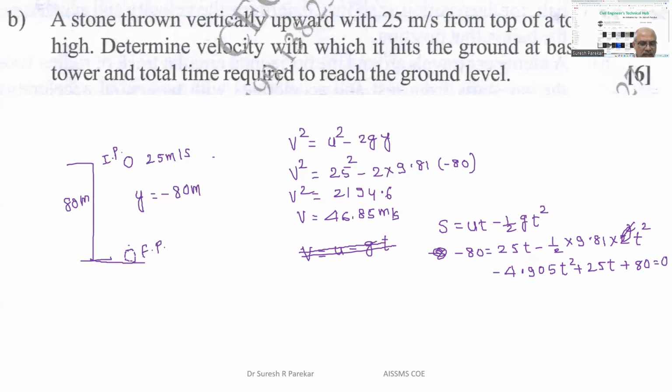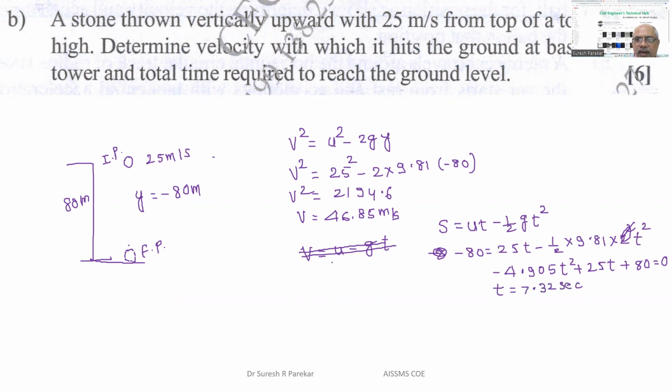And if we solve this quadratic equation, with minus 4.905, 25 and 80, then we have this value as 7.32 seconds. So we have t equal to 7.32 seconds.